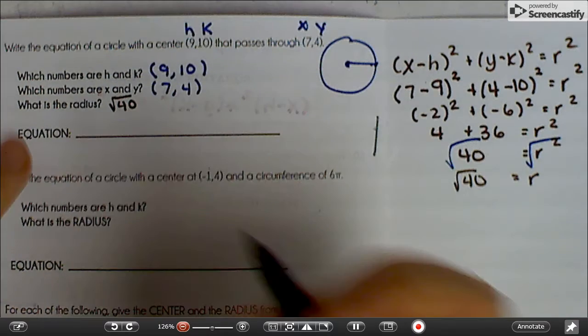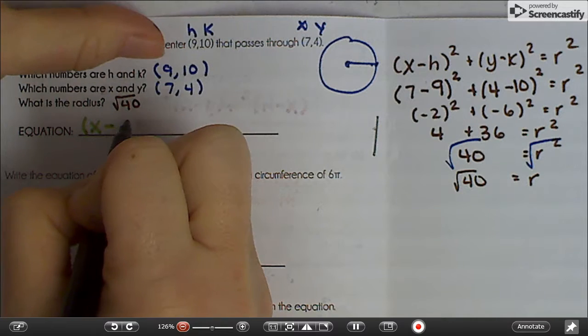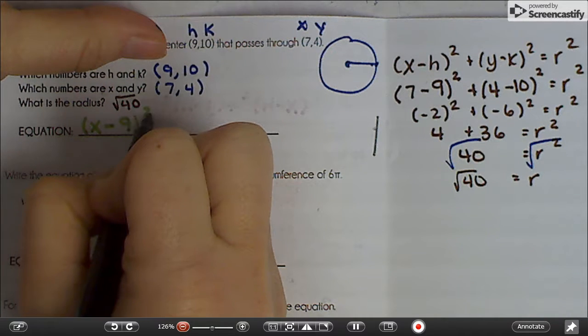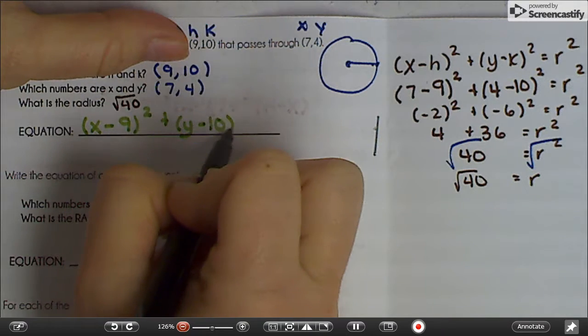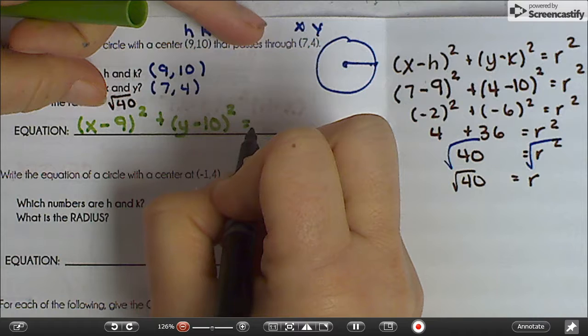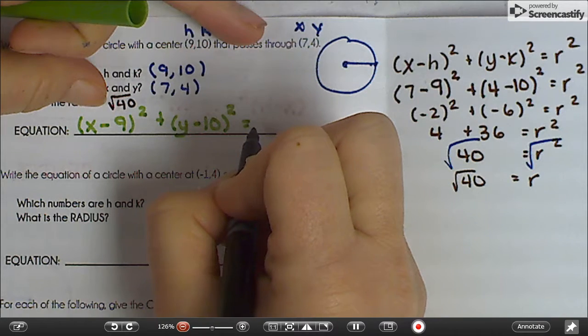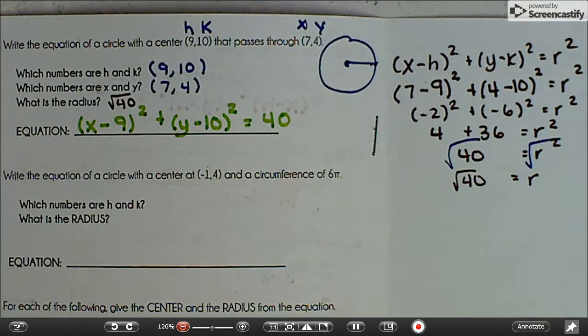So to write the equation, we're going to do (x - h)² + (y - k)² = the radius, squared. That's the equation of the circle.